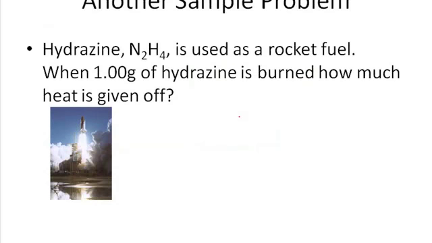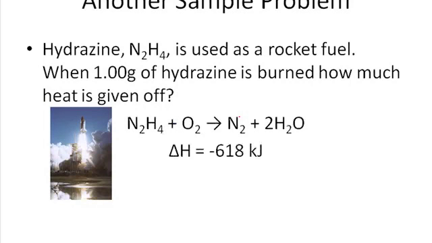Another sample problem, hydrazine N2H4 is used as rocket fuel. When 1 gram of hydrazine is burned, how much heat is given off? Well, always you're going to need a balanced equation, and also how much energy is produced from this whole process. And notice how if 1 mole of hydrazine is used, I get 618 kilojoules of energy.